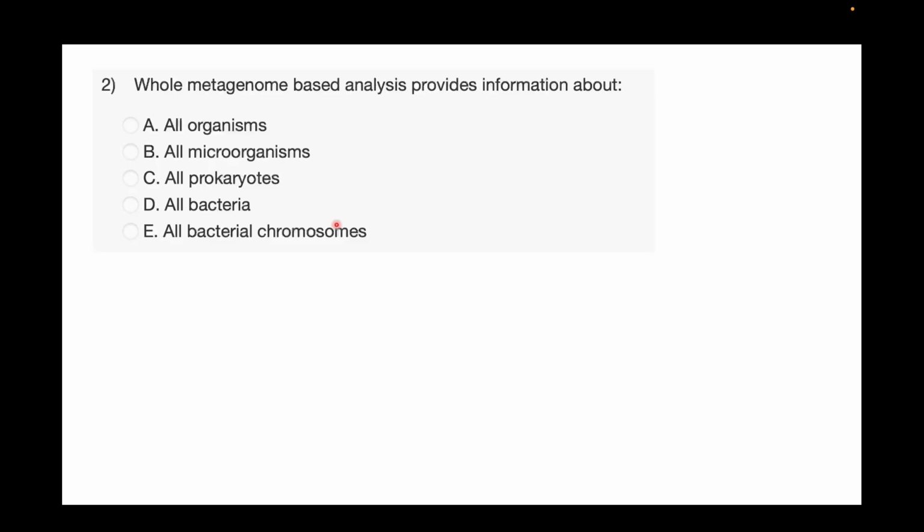Which of these information is earned by a whole metagenome analysis? Let us take a minute and arrive at the right answer. Please post your answers in the chat box or in the comment box.